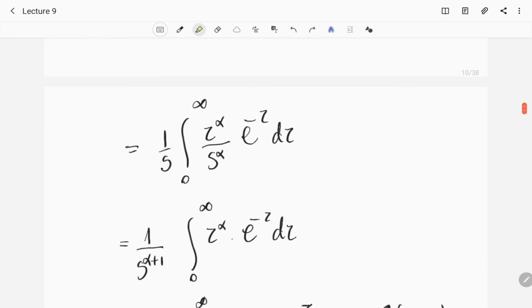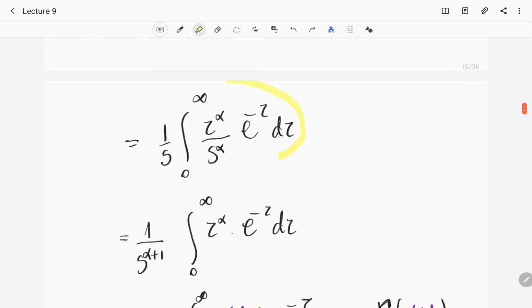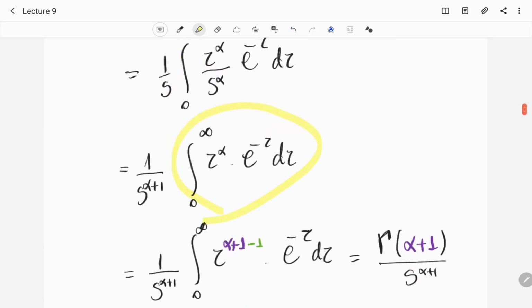Let's continue. So this integral depends on tau, right? So we can put this s to the power alpha out of the integral, and we get this. And to try to find this gamma function, if you remember, the gamma function was something like the integral from 0 to infinity of some variable to the power x minus 1, and exponential, right?